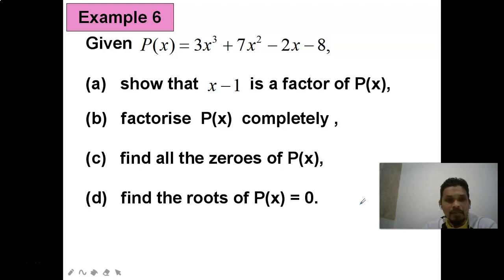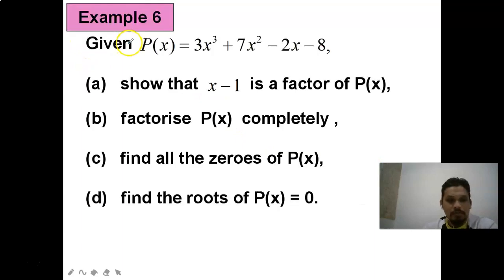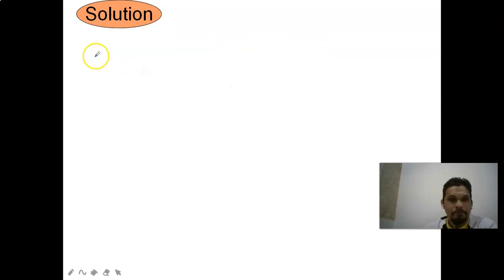Given P(x), show that x minus 1 is a factor, factorize completely, find all the zeros, and find the roots of P(x).